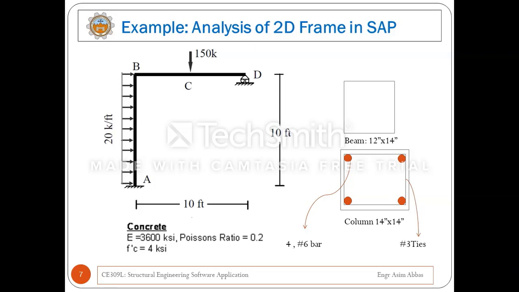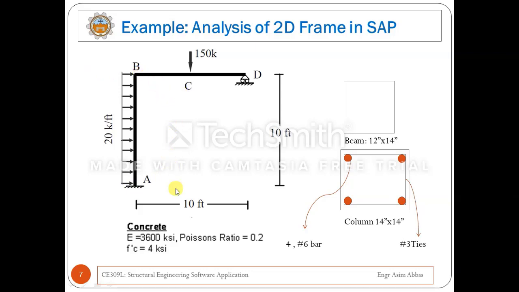I am going to define two grid lines in x direction at location B and at location D. I am not going to define a grid line at location C because I can draw this load at the center. Similarly, I will define two grid lines in the Z direction at location A and location B. So the spacing in both grid lines will be 10 feet.